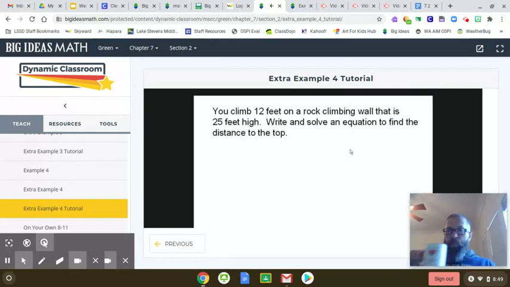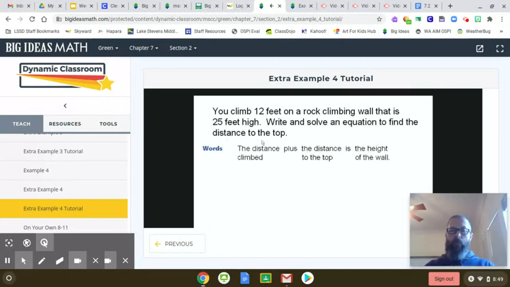To do this, we will write a word sentence. The word sentence says, the distance climbed plus the distance to the top is the height of the wall.